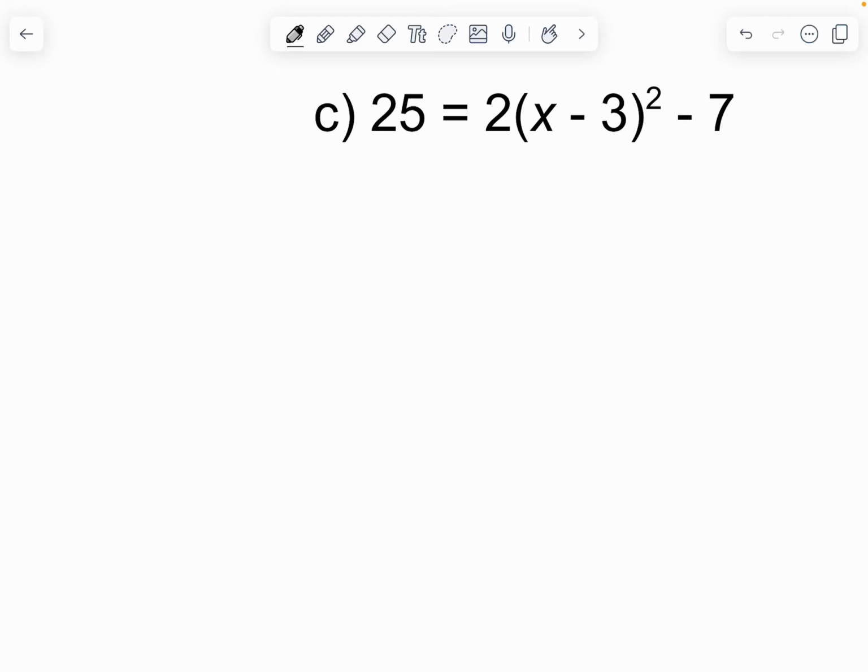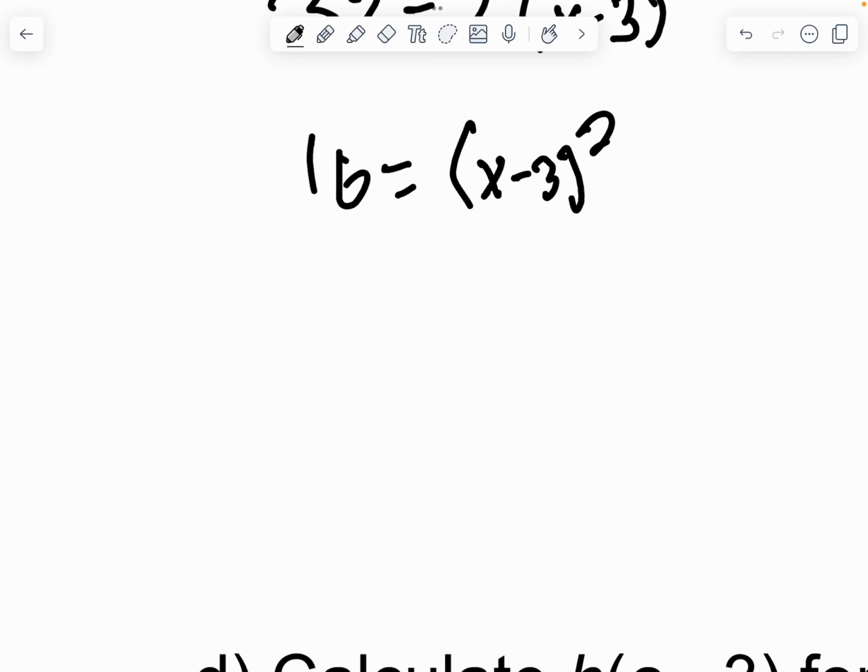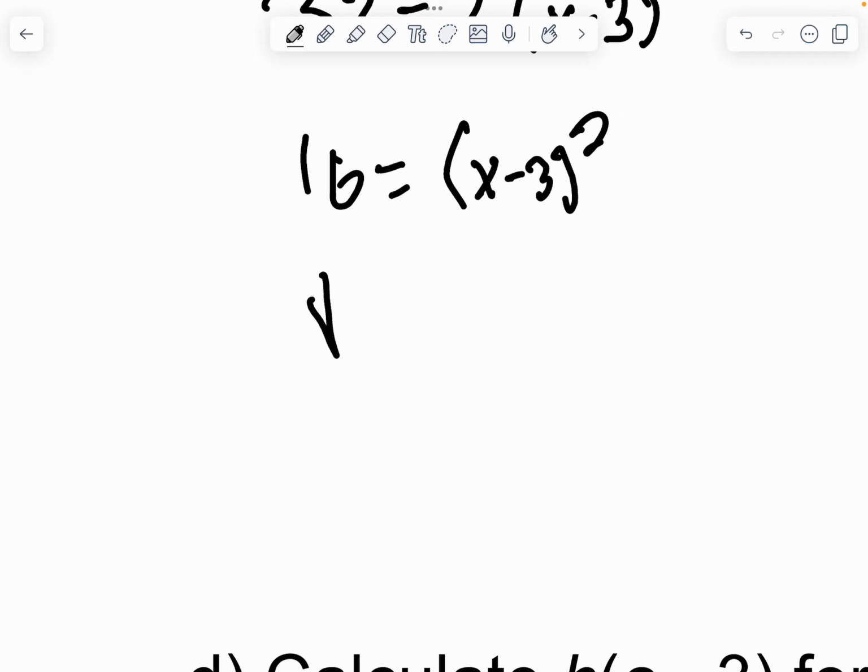Start off by adding 7. 32 equals 2. Divide by 2. Square root both sides.